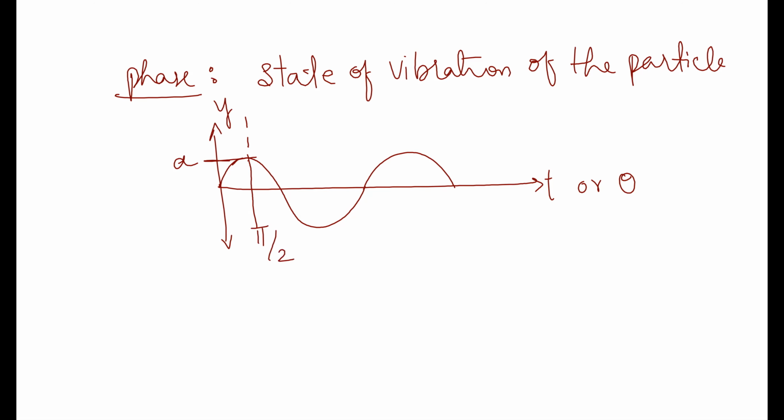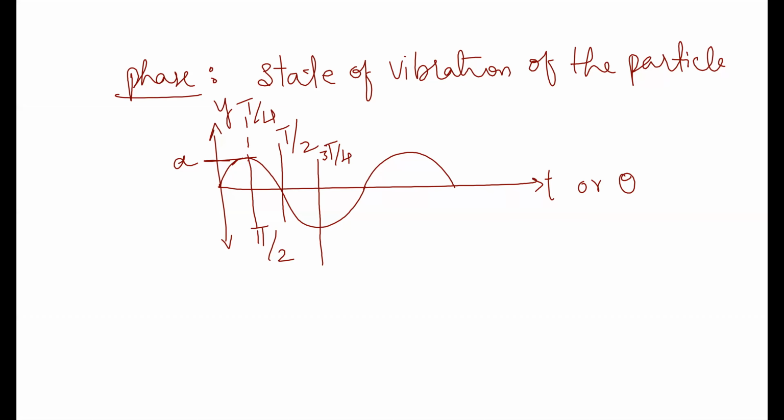You can measure in terms of time period, or the phase is also measured in terms of angle. Here the time period is T by 4. Same here, the time is T by 2. And here the time is 3T by 4.